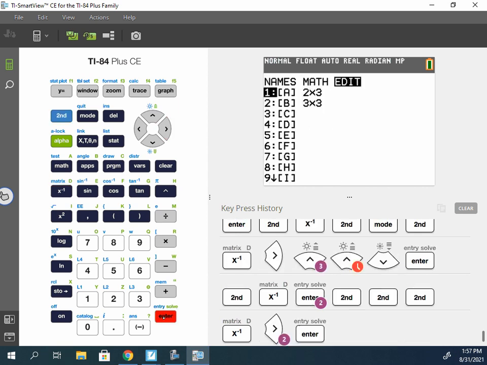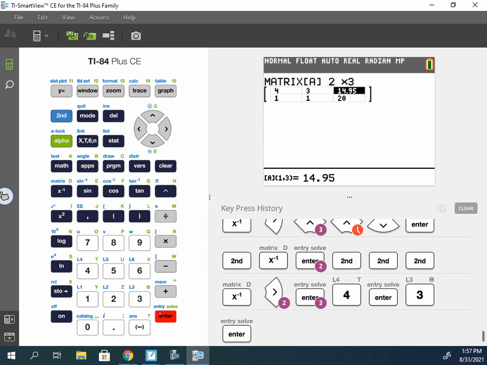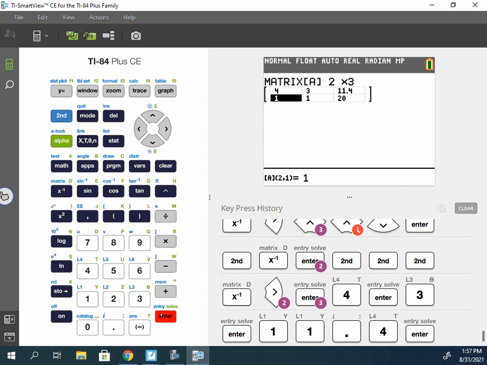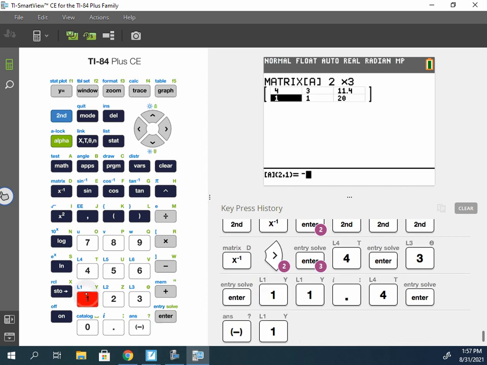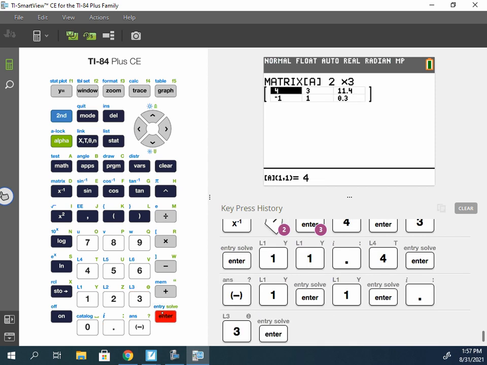Go over to edit, 2 by 3. Then we could say 4 for x, 3 for y, and 11.4 for the variable. Now the other one, well, we had negative x, we had 1y, and we had 0.3. Because those were our 3 spots for the second equation, yes?